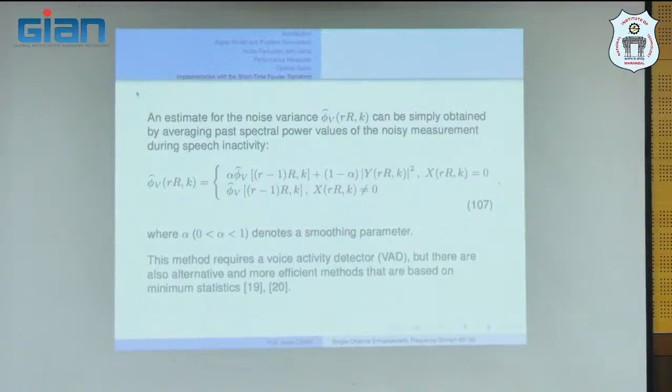But you need to know that the noise is stationary, because you calibrate or make measurements during inactivity of the signal, so you assume that the variance remains the same when there is a signal.